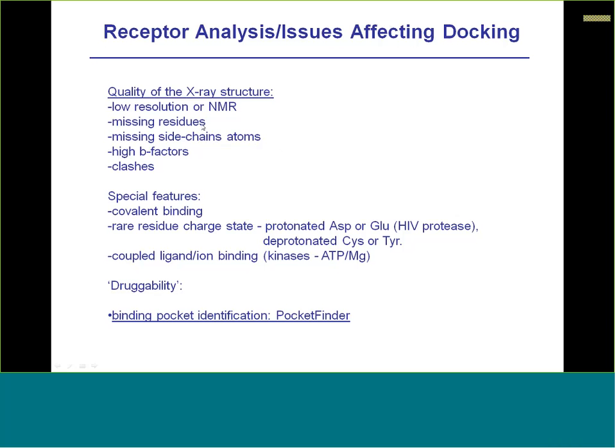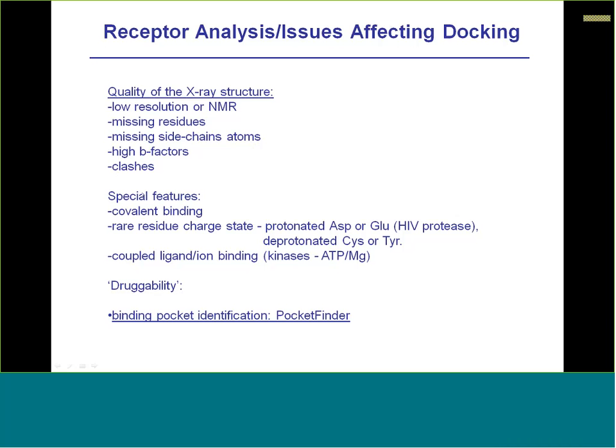So one way to fix that would be to model that region, or if it's away from the pocket, you may not need to worry too much about it. High B factors may indicate considerable flexibility in that region, so you may need to be careful there. And if there are clashes in the structure, you may need to optimize or minimize the binding pocket.